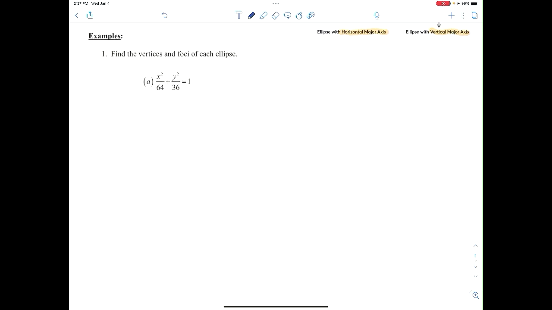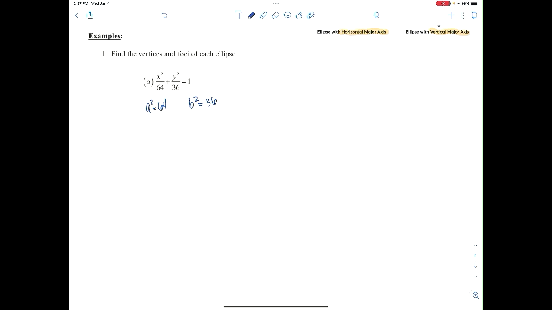Okay, so for our first example, find the vertices and the foci for each ellipse. Here we have x squared over 64 plus y squared over 36 equals 1. So first of all, I'm just going to label that my a squared is 64 and my b squared is 36.